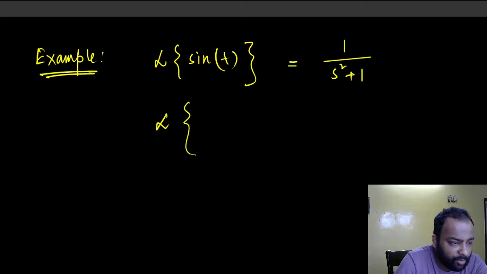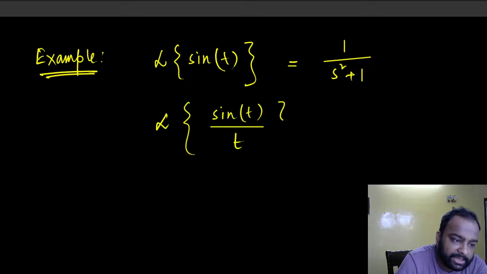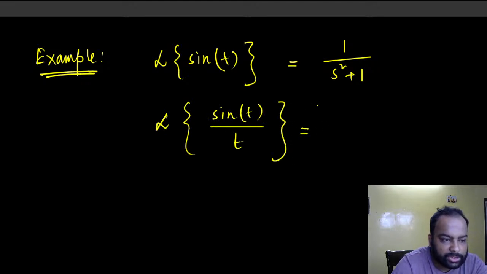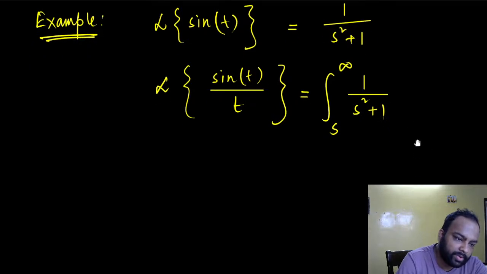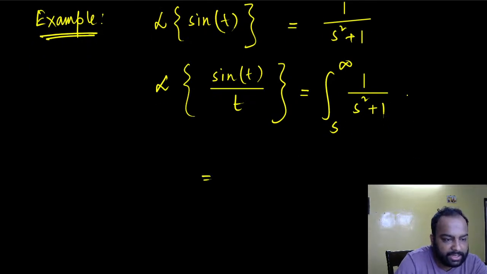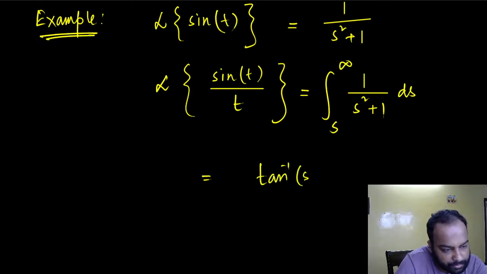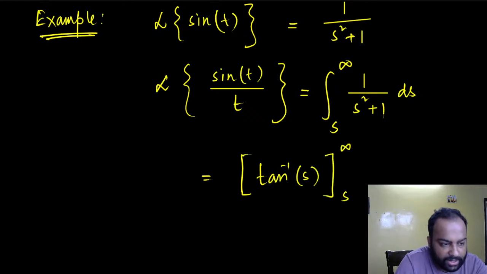Then what is the Laplace transform of sin t by t? So that's the sinc function, right? So that would be this integration from s to infinity of 1 by s square plus 1 ds, by this property. Now this integration is tan inverse s. You did study this in your class 12, right?